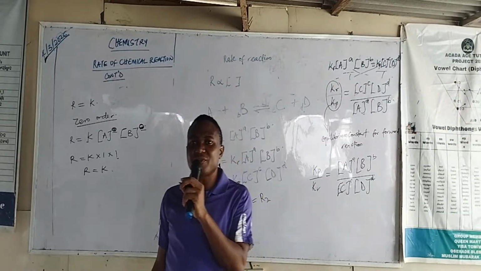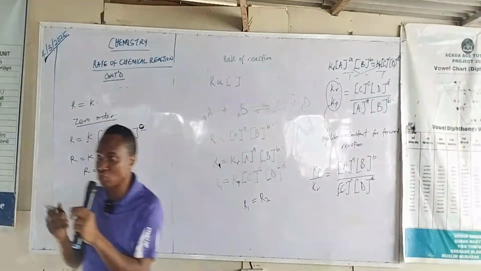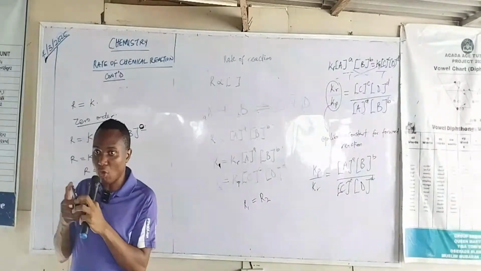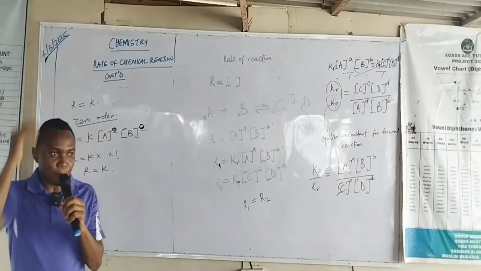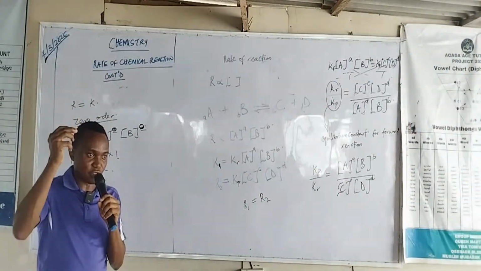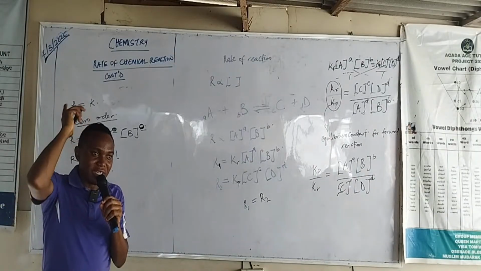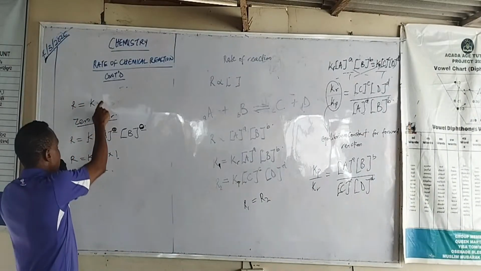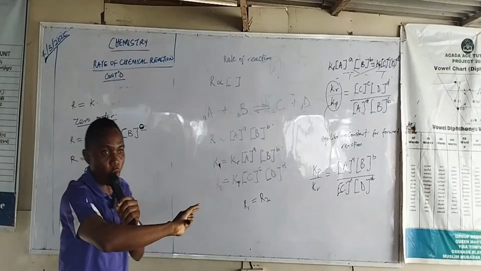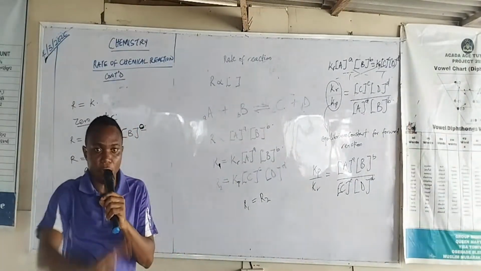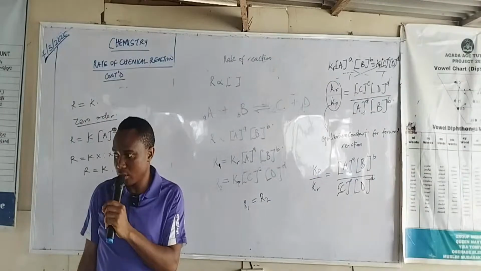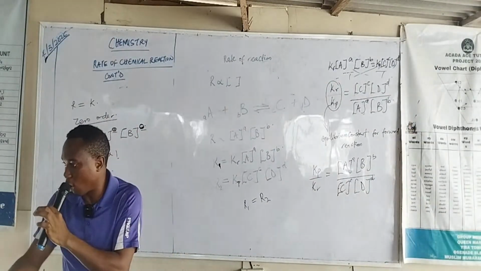At the beginning of any chemical reaction, before the reaction proceeds, before it starts occurring, in terms of the product, if you look at the rate of reaction, it only depends on the constants, because the concentration of the product will be 0 before the reaction starts occurring. By the time the reaction finishes occurring, what will happen?